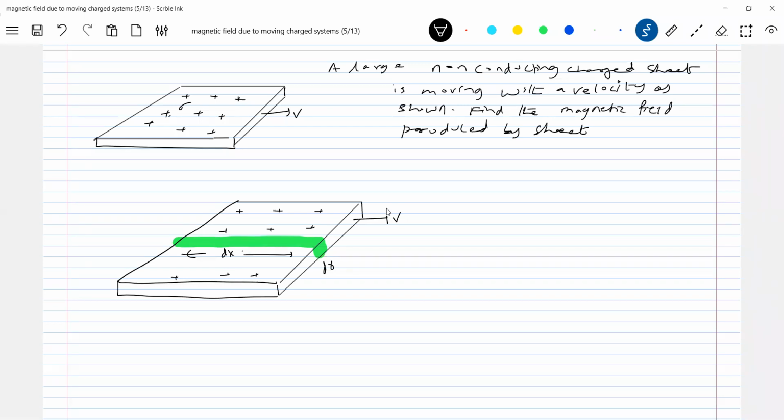Now look at this: how much charge is present, dq? What is sigma? So dq we can write here. This width will be dr, no? So dq is sigma into dx into dr. So I am able to define the charge.